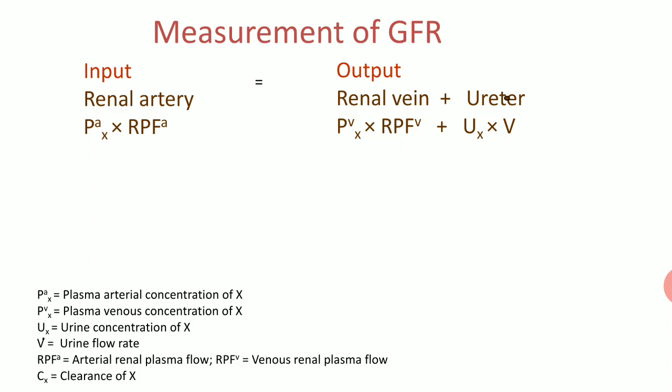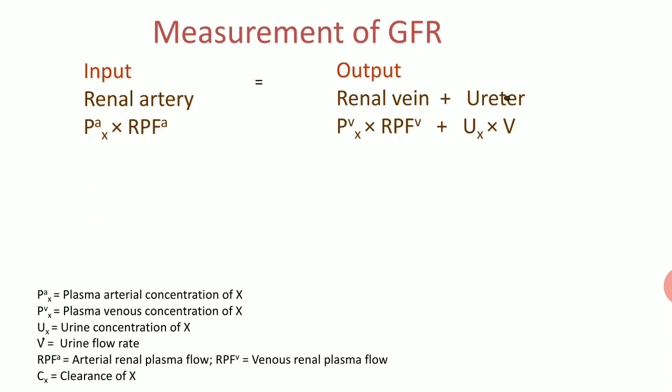And for output, there are two ways: either it will go into the urine, the ureter, or it will go into the renal vein. But for measurement of GFR, we assume that everything is going into the ureter, so the renal vein will not receive any substance.